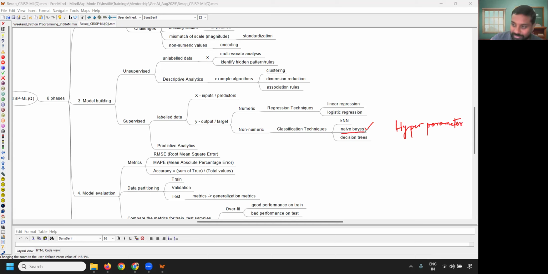Hyperparameter tuning is nothing but, let's say if we get accuracy of 80%, we tune the algorithm to get more accuracy by using hyperparameter tuning. Yeah, my question is, in the Naive Bayes algorithm, what is that parameter which you will tune?